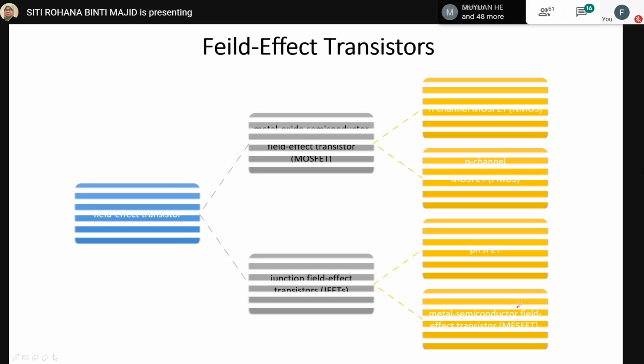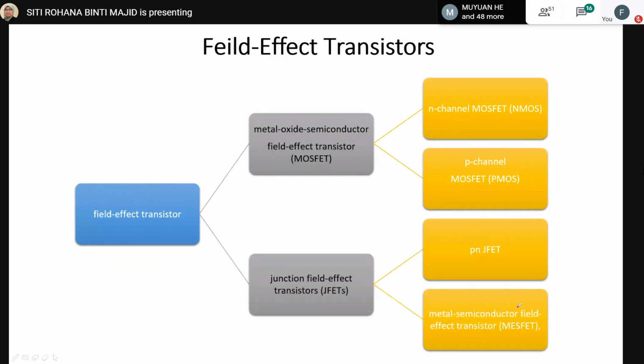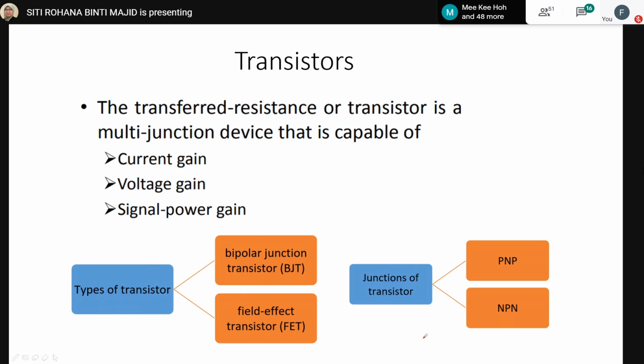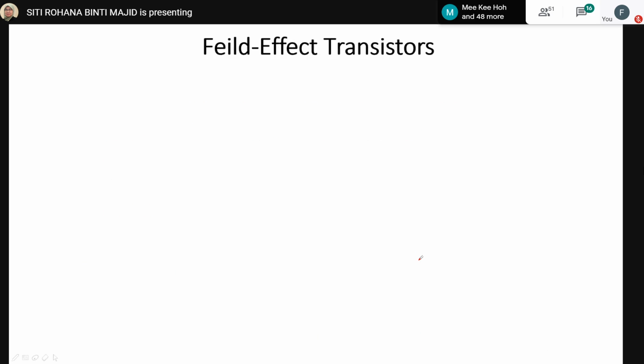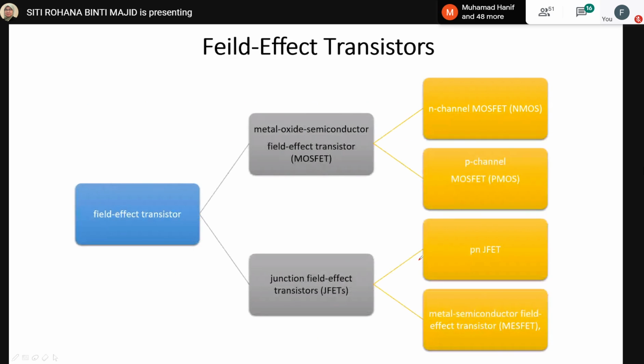Okay, so we look at the field effect transistor, FET. We can classify it into two groups. The first one is the metal oxide semiconductor FET, which we call MOSFET. And the second one is the junction FET, JFET.